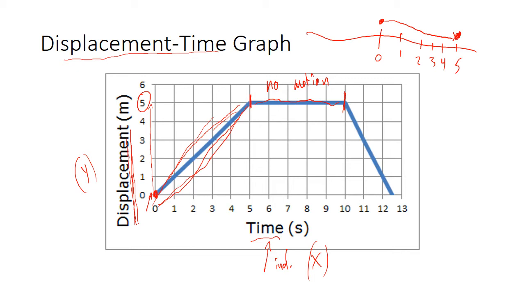Now, once we go on this part, we're going to go downhill. So are we moving? Yes or no? What do you think? Yes, we are moving. There is motion, but it's different. What's happening compared to what is in the first half? What do you think? There are two possible answers here. One, we are moving backwards. Well, we'll call it backwards.